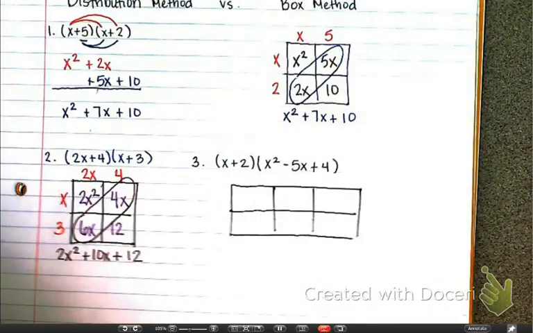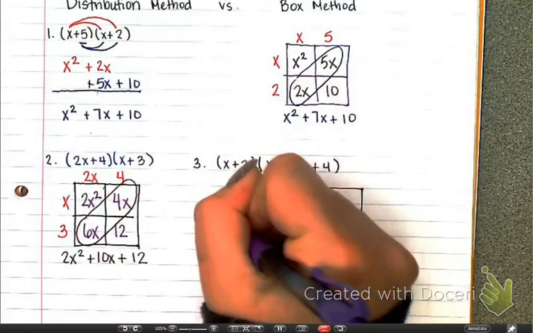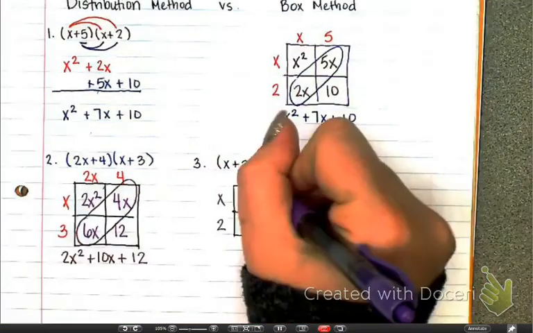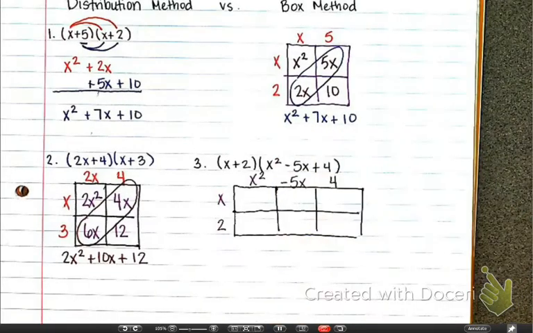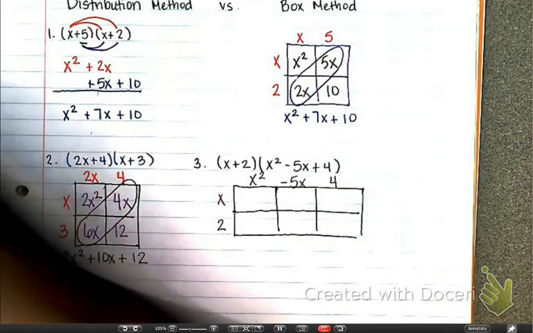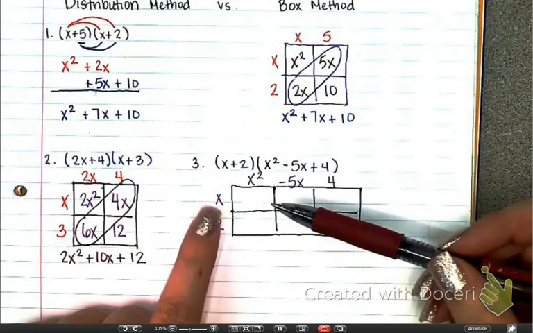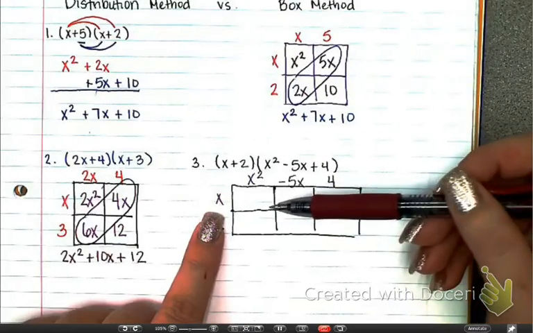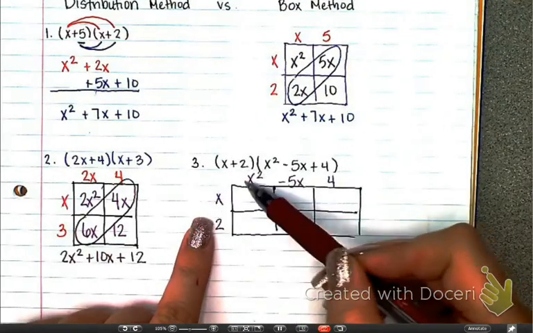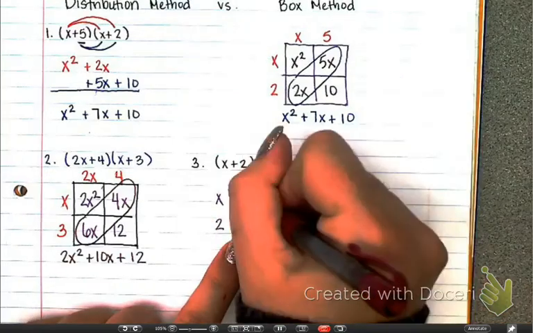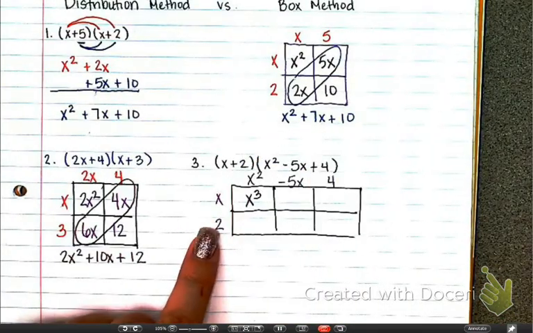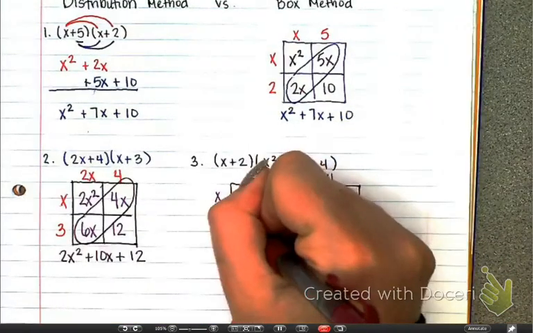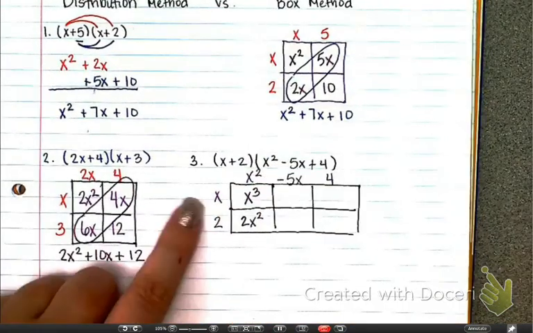All right, along the side, I have x plus 2. Along the top, I have x squared minus 5x and 4. This was the biggest question I had. X times x squared. So I have 1 here and 2 here for a total of 3, x to the 3rd. 2 times x squared is 2x squared.